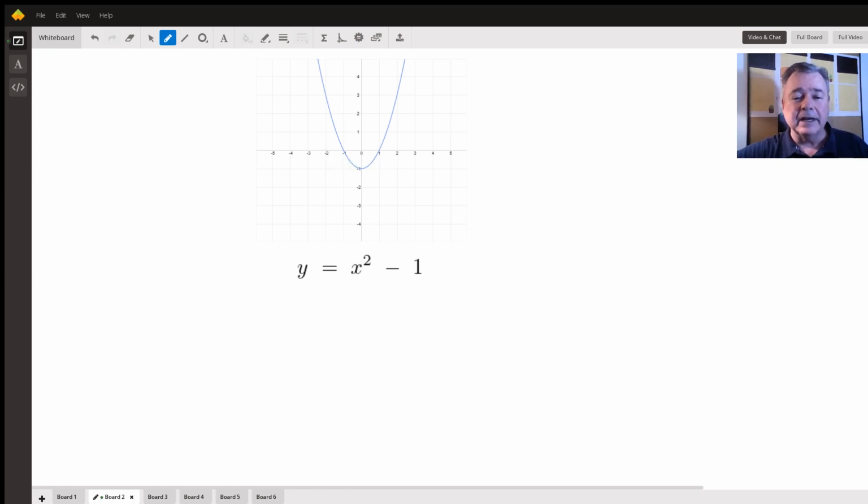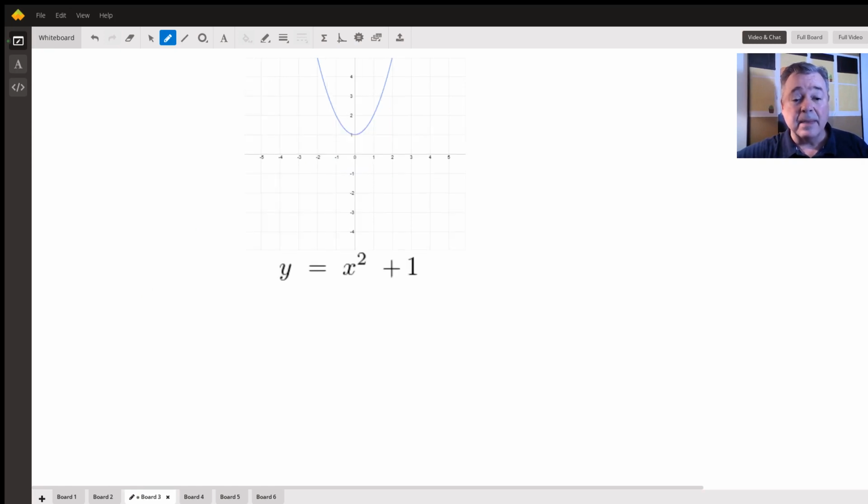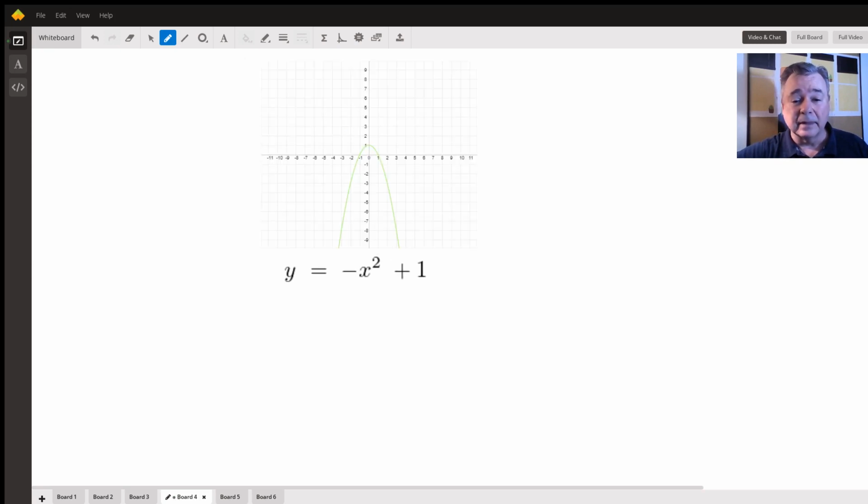If we change c from minus 1 to plus 1, then the parabola is completely above the x-axis, so it has no zeros. If we change the value of a from positive 1 to negative 1, the parabola will open downward, and so it will have 2 zeros.